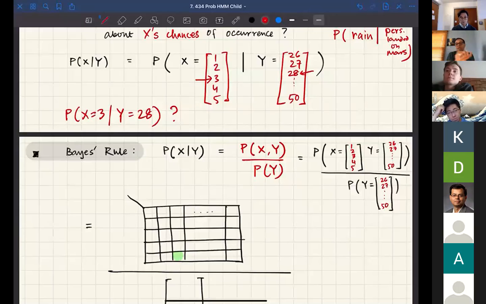P of X, Y is nothing but P of both X and Y have happened. And I'm thinking of these as vectors. So X has to happen, Y has to happen. But what does it mean, this vector has to happen, that vector has to happen? It basically means I want to know the probability that every pair of these values have occurred.